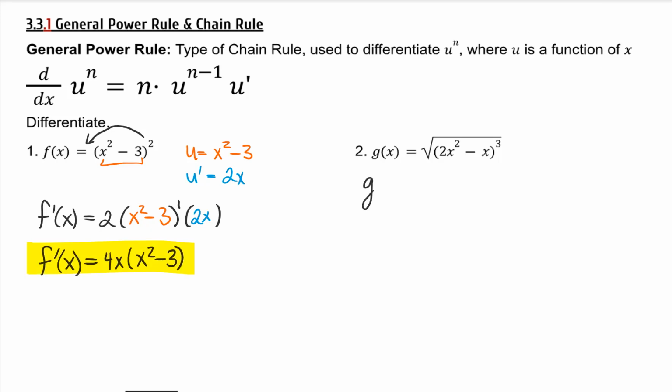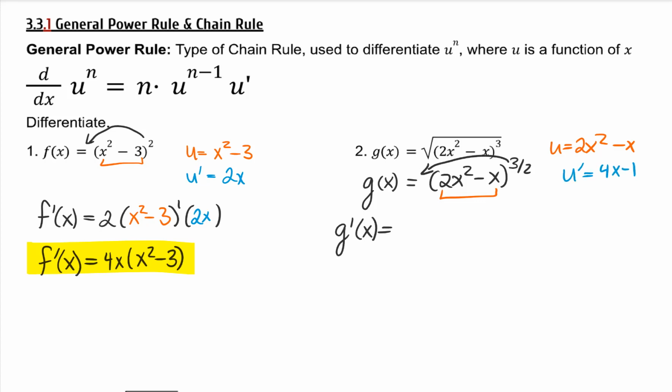For number 2, I'm going to rewrite this radical as a power. Now I'm going to differentiate using the general power rule. I have a function of x, not just x inside here, so u would be the function of x, 2x squared minus x, and u prime is 4x minus 1.